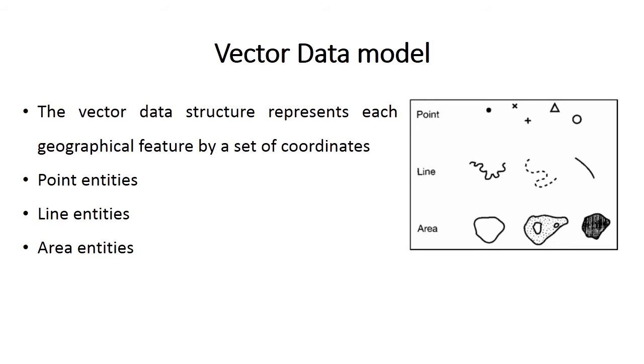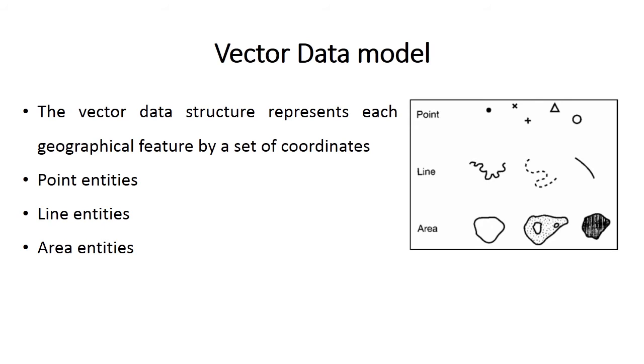Similarly, a linear feature such as a river might have associated with it such information as name, mean discharge, etc. A polygonal feature such as a land use category might be linked to information describing its use, past land use, its soil type and so forth.